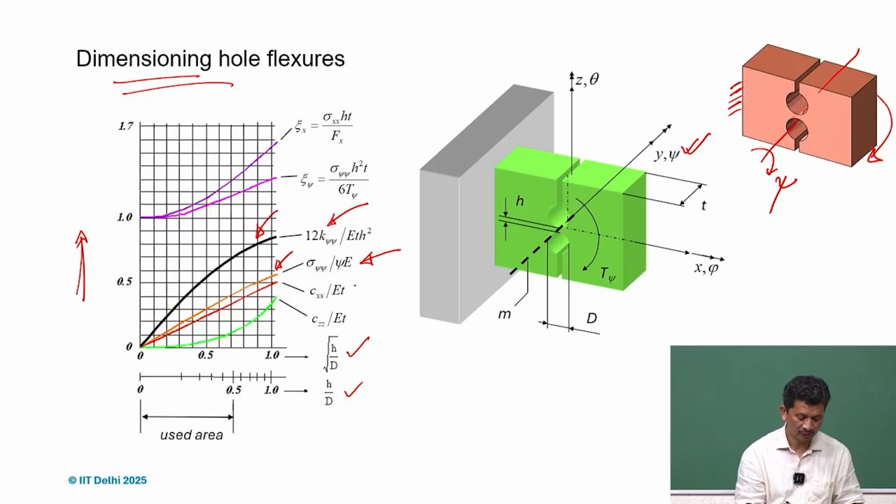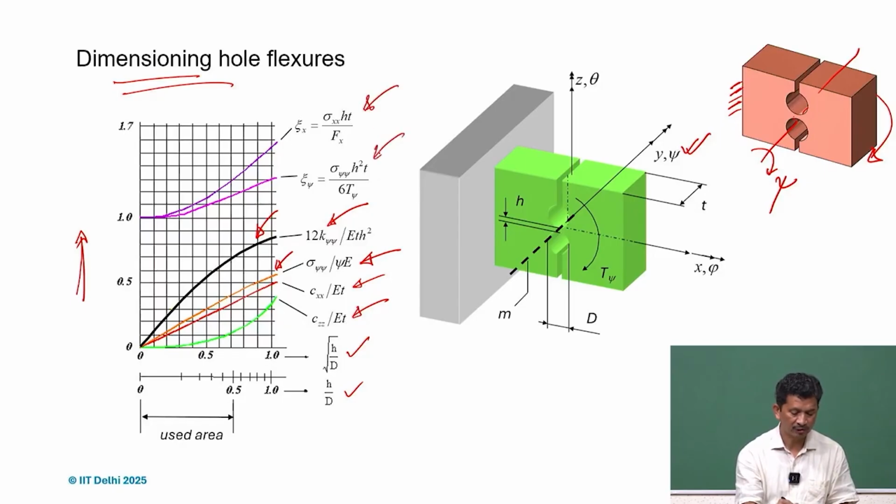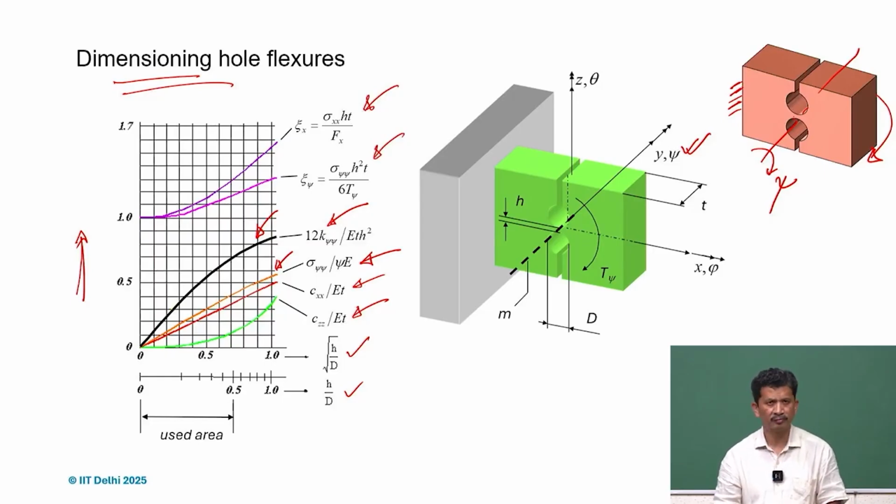And okay, so these are like the stiff directions, the cx and cz directions, and we can also calculate the strain values, knowing the stresses. So this is the chart we'll be using for any kind of dimensioning.